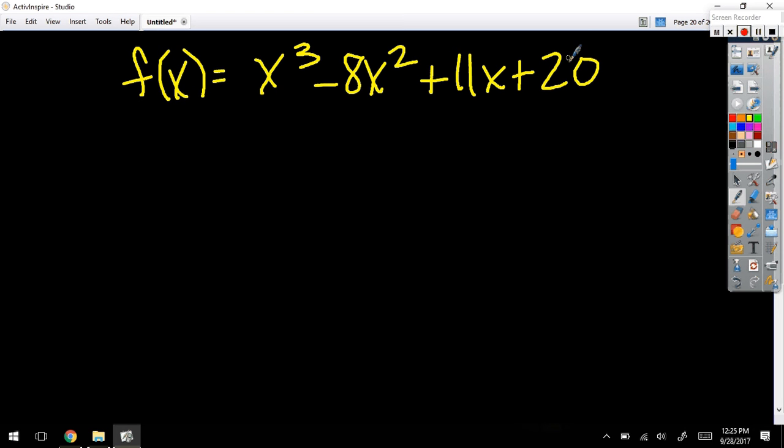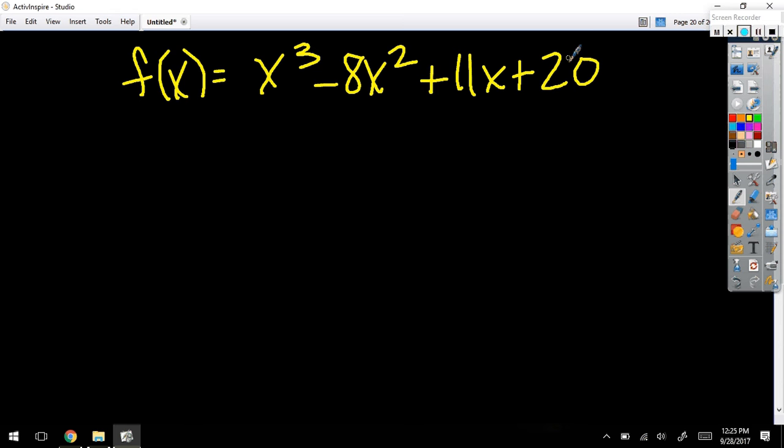X to the third minus 8x to the second. I hope that at this point you know that finding a zero means we set the equation equal to 0 and we solve, right? So if I set this equal to 0 and solve, the only way that I know to solve might be to group it. Can I group that? No. So I've hit a brick wall. Do we agree? Okay.